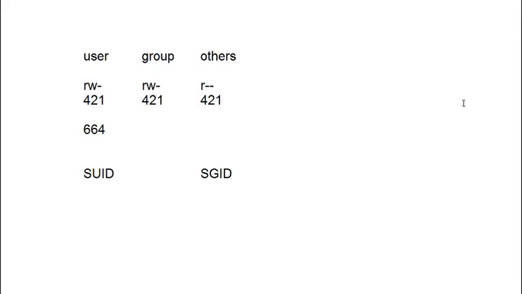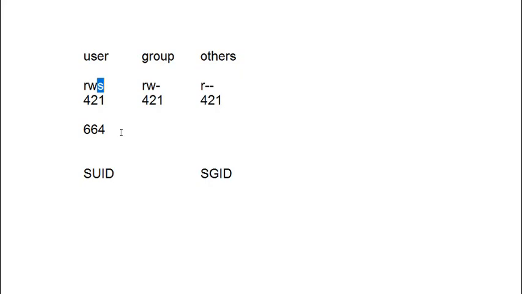Now, there are two other special permissions settings that we want to look at. One is called SUID, and the other is called SGID. When we have an SUID, we're going to have an s right here in the executable position of the user. If it's a lowercase s, that also means that there is an underlying executable permission for the user.